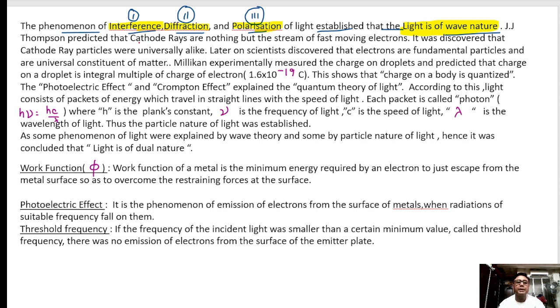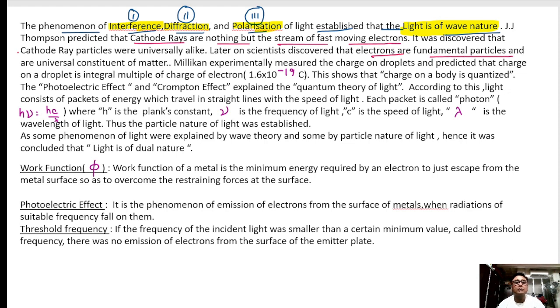J.J. Thomson predicted that cathode rays are nothing but a stream of fast moving electrons. It was discovered that cathode ray particles were universally alike. Later on, scientists discovered that electrons are fundamental particles.